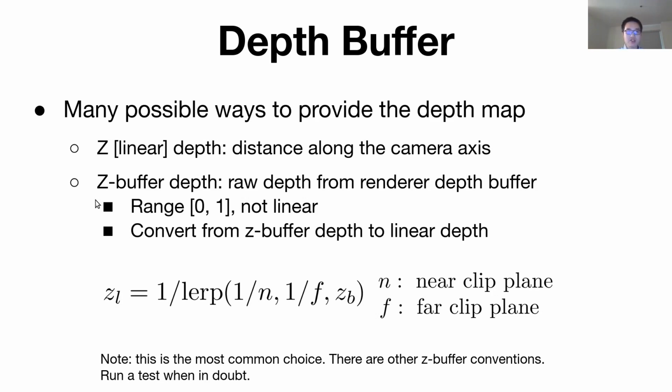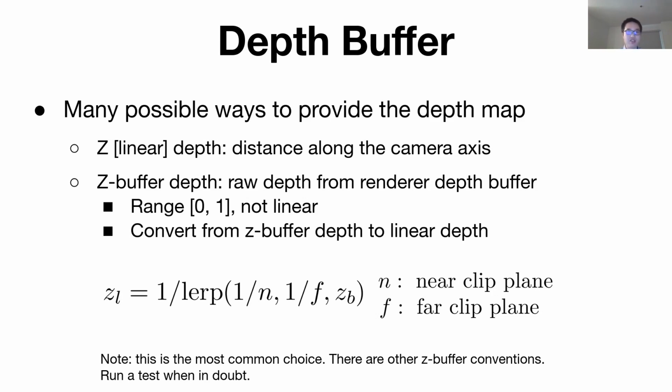In most renderers, the depth buffer is not using a linear distance. Instead, the depth buffer or the z-buffer is often storing numbers in the range of 0 to 1, and they are not linear with the actual depths.